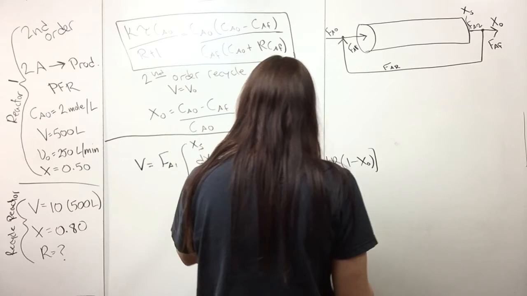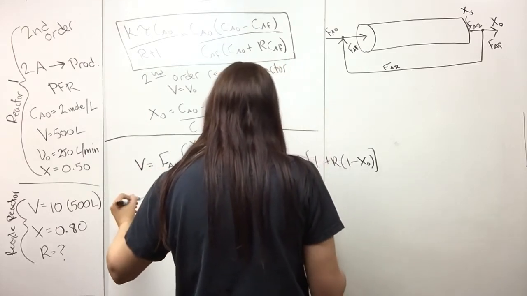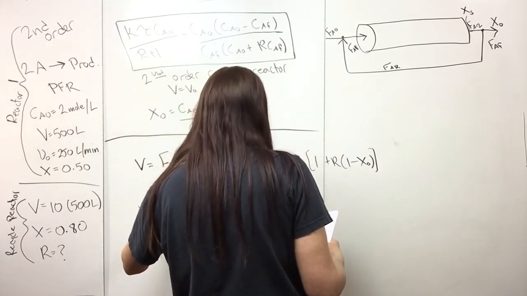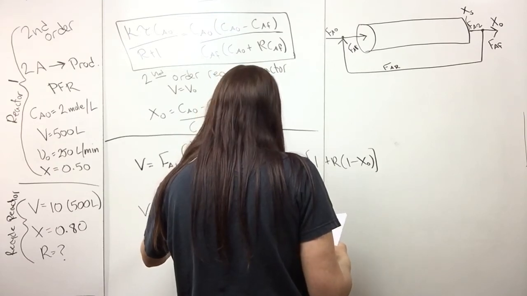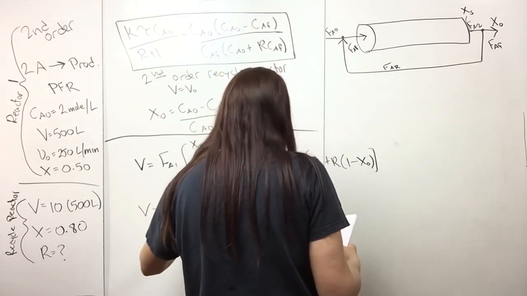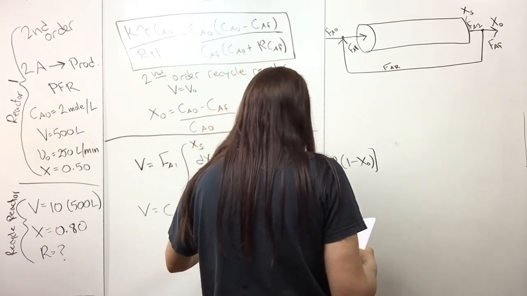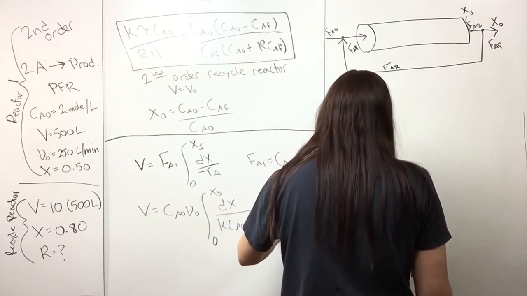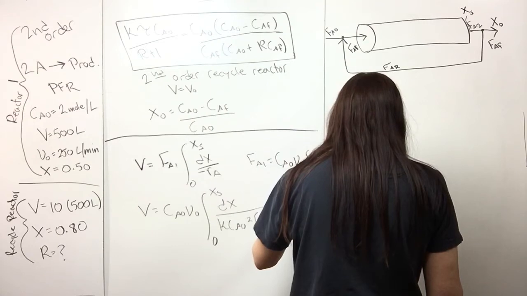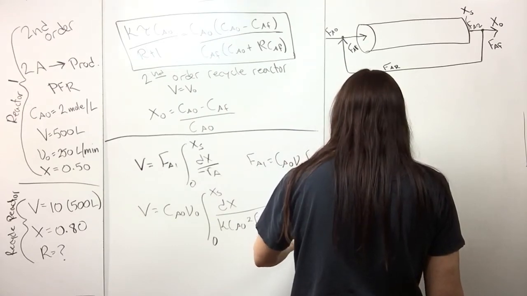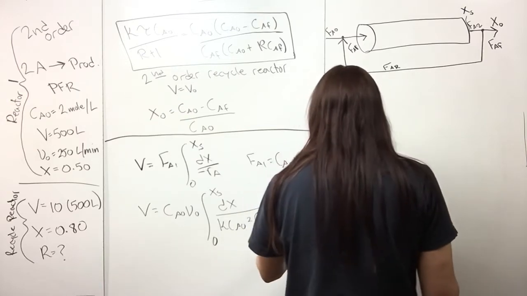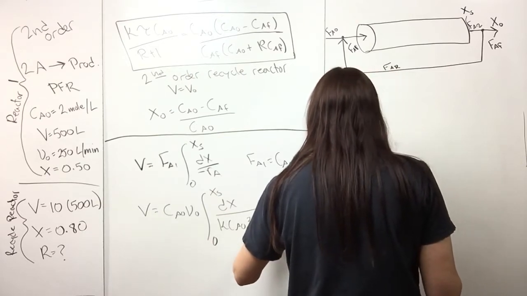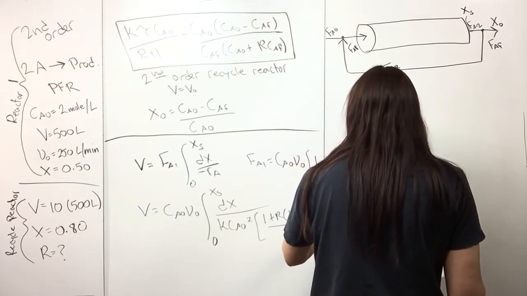So then plugging in our rate and everything else, we have V is equal to CA naught V naught times the integral from 0 to XS of dx over K CA naught squared, times (1 plus R)(1 minus X naught), over (1 minus X) over (1 plus R) squared.